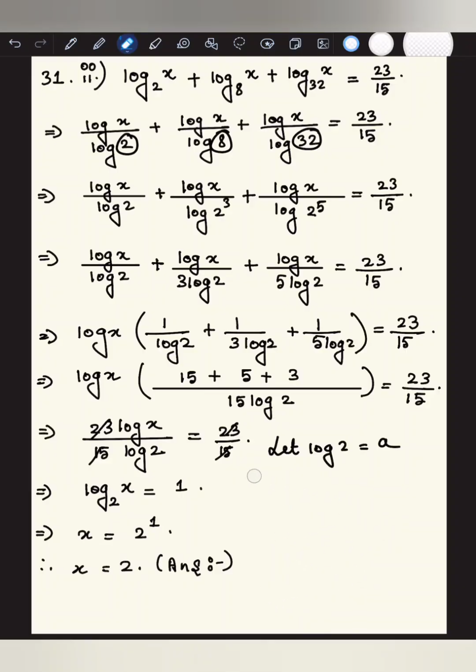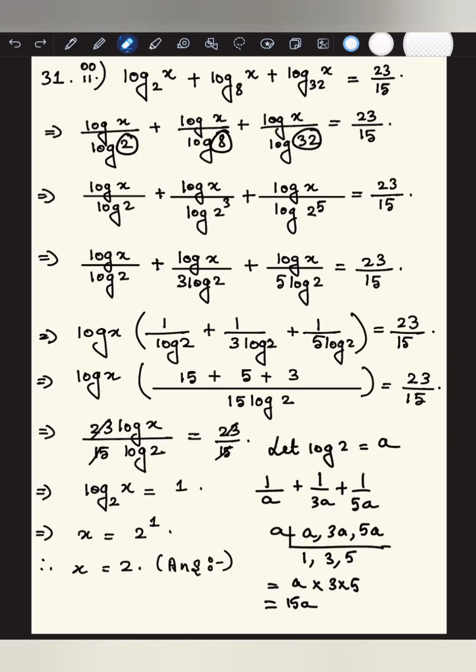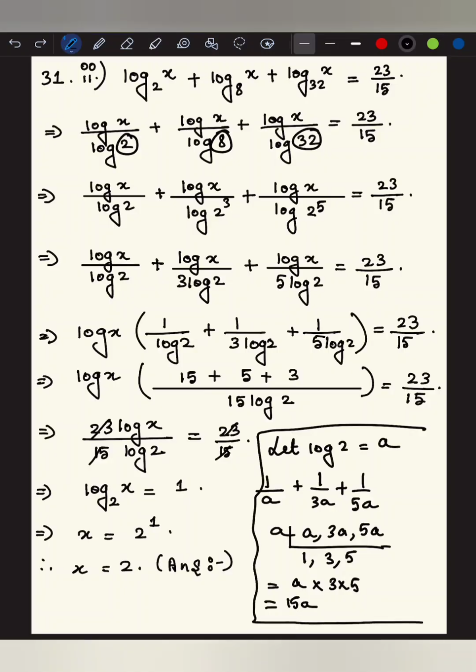Let's skip it here so that you can understand it. You guys can understand it, right? So yeah, 15 log 2 is the LCM. Now if we divide 15 log 2 by log 2, we will get 15.